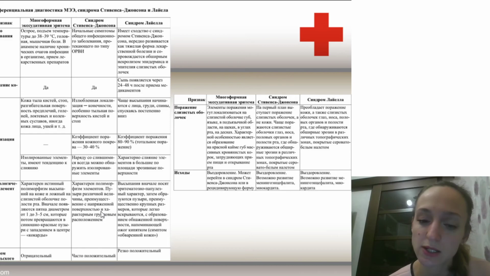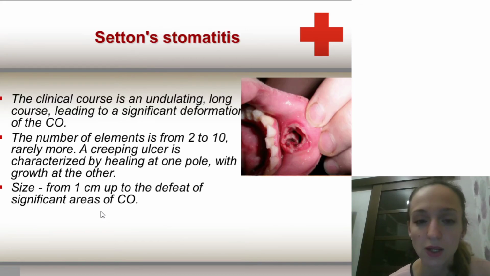So the previous slide, I wrote the table for you. Sutton's stomatitis. Look on the case. So the clinical course is undulating and long, leading to the significant deformation of the oral mucosa. The number of elements is from 2 to 10 millimeters and rarely more.